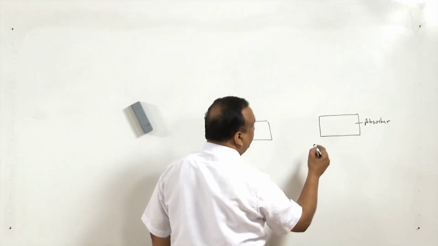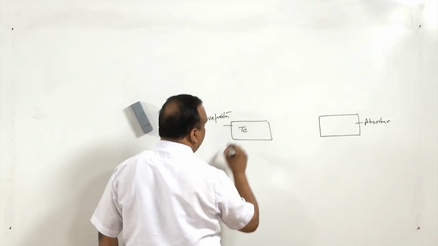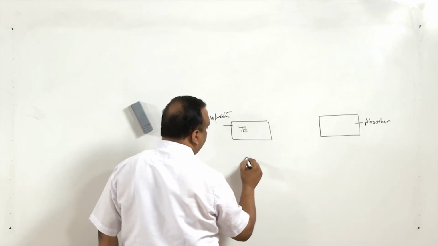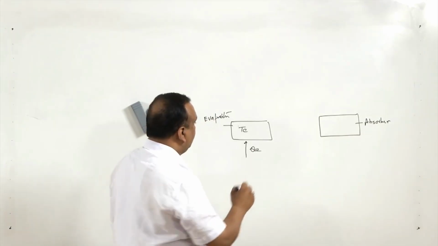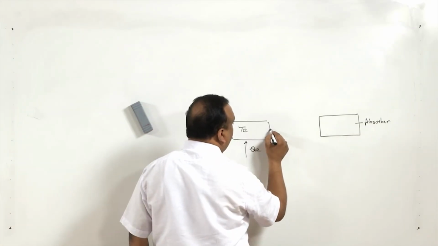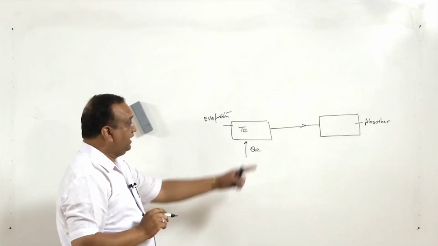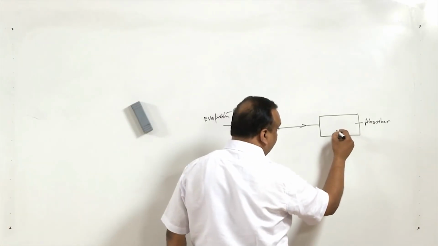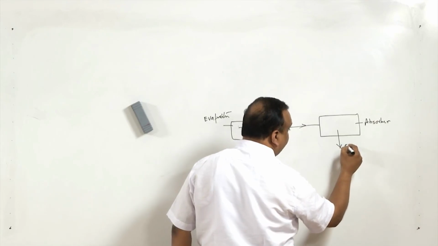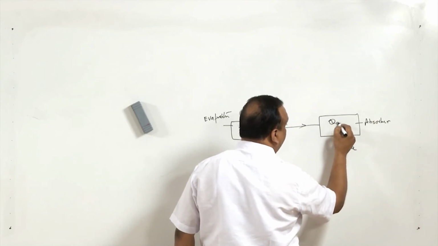The evaporator has temperature TE, and it is taking heat QE. Now, vapor emerging from the evaporator enters the absorber. Here absorption takes place. During this process of absorption, heat is liberated and heat is sent to the surrounding at TA. So, this is QA.